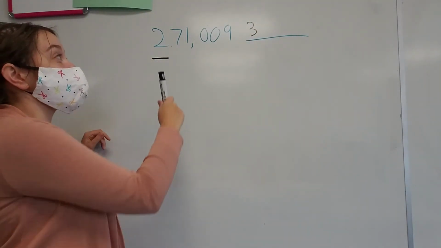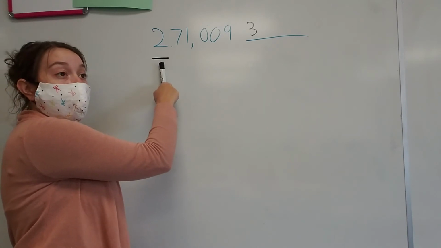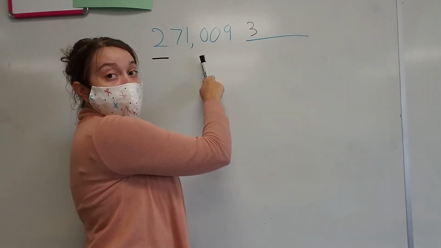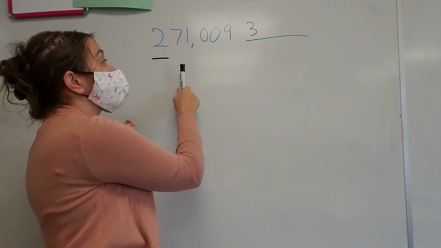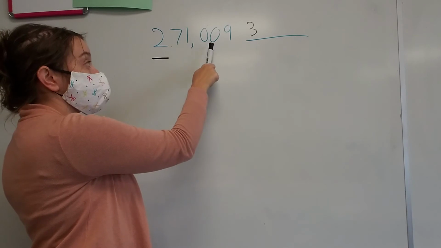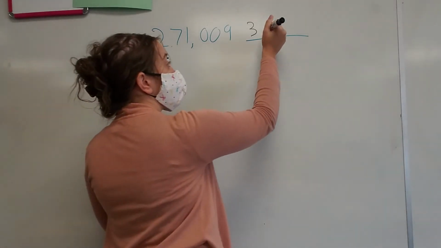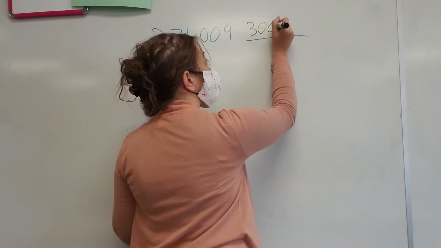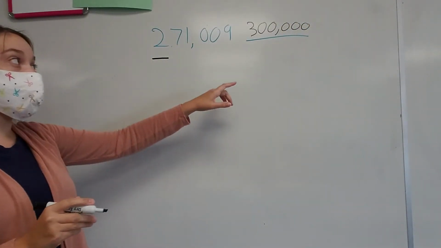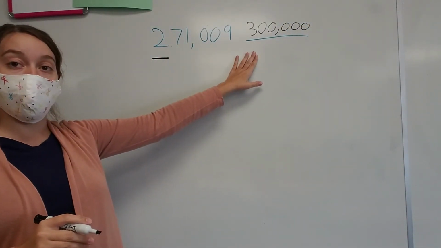And now everything after my number becomes a 0. Good. So let's count how many zeros we need. 1, 2, 3, 4, 5. So make 5 zeros. So your answer is 300,000.